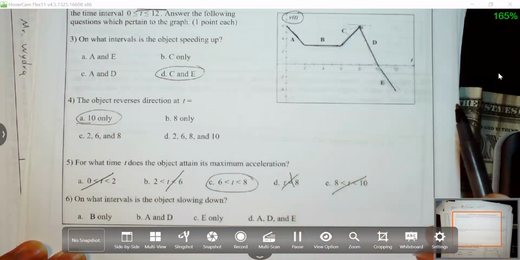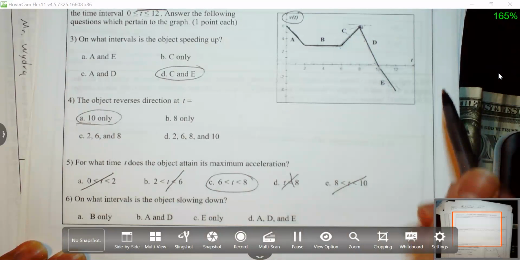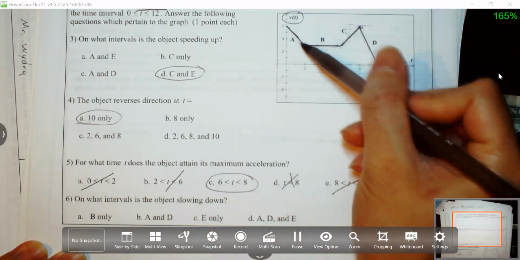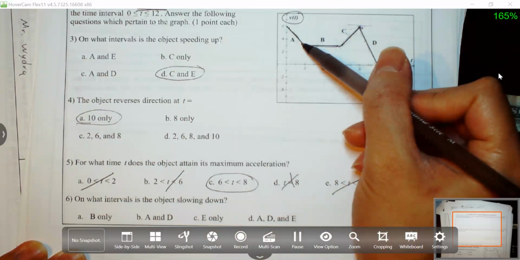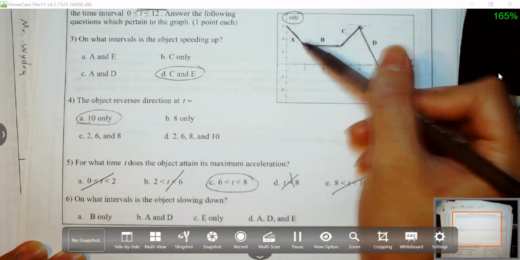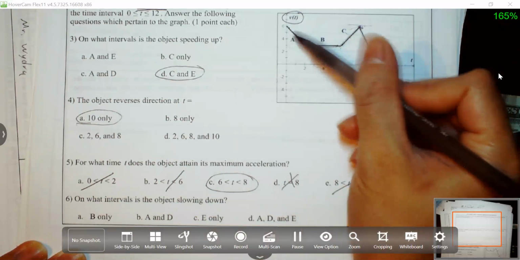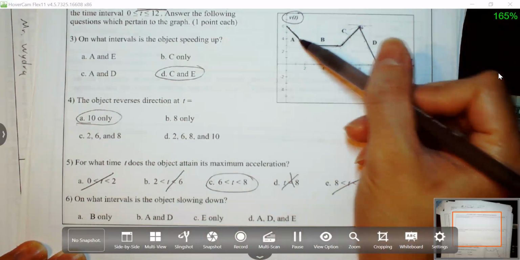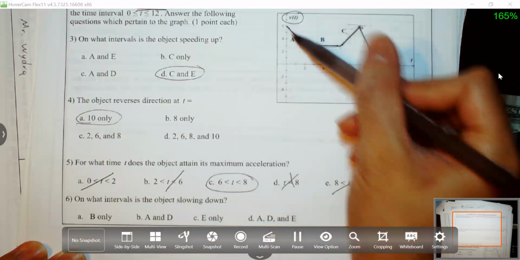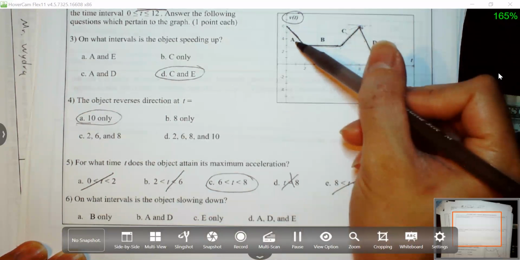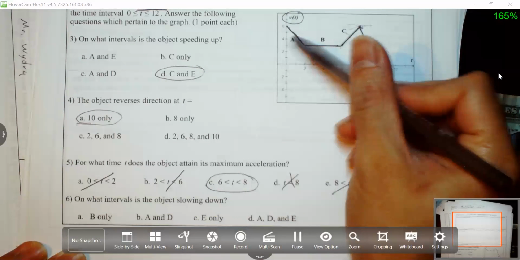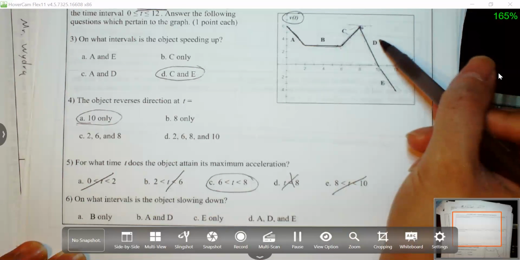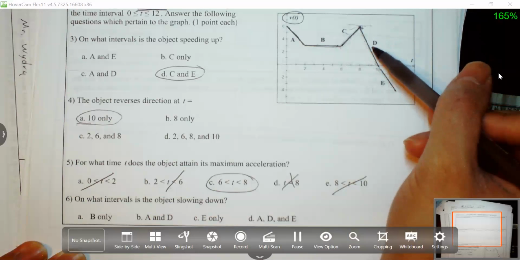Now, if we look at letter A, are we slowing down here? And the answer is yes. It's because velocity is positive since this graph is above the x-axis, but the derivative or the slope is negative. So velocity and acceleration are opposite at A. Same thing goes with D, right?